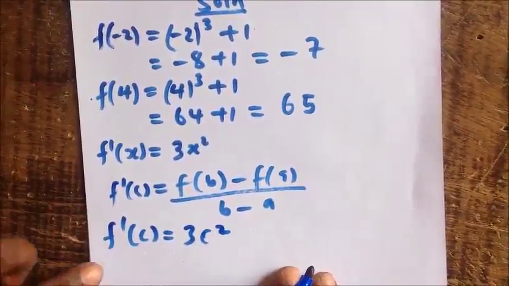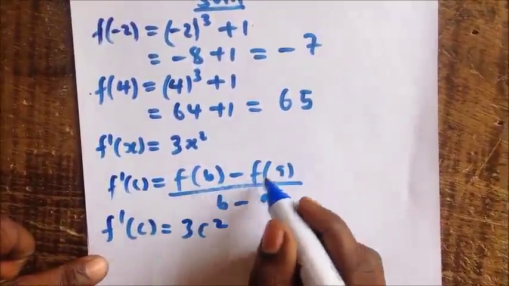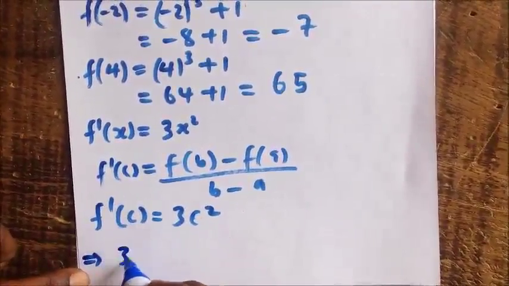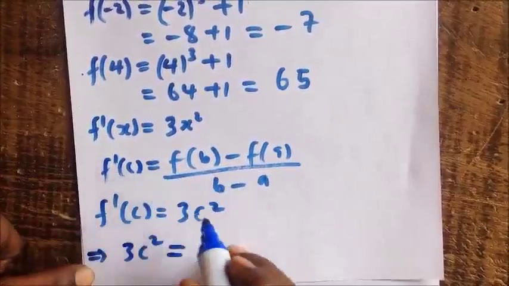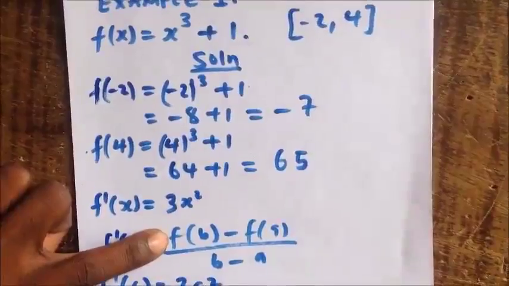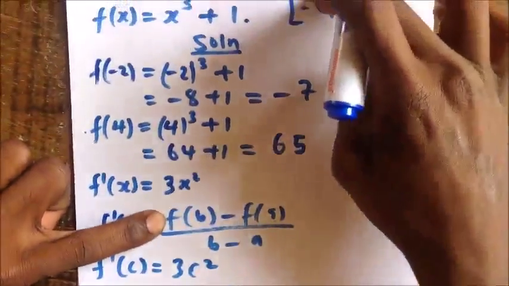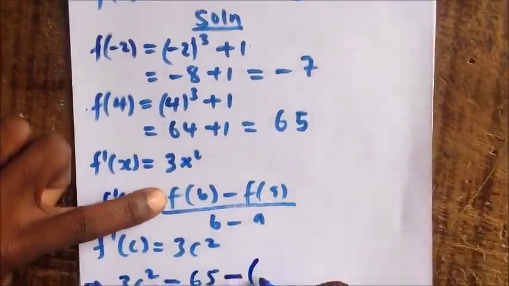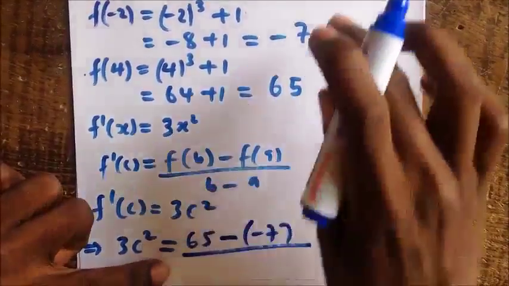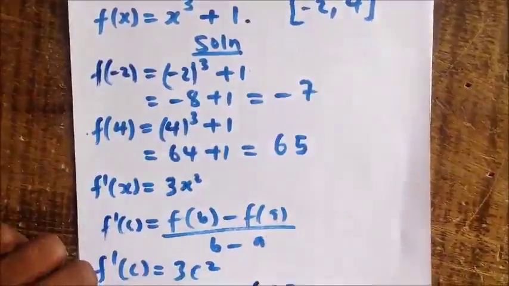So we know our f prime of c, and the conclusion of the theorem says that f prime of c is equal to f of b minus f of a divided by b minus a. This implies 3c squared is equal to f of 4, which is 65, minus f of minus 2, which is minus 7, divided by b minus a, that is 4 minus negative 2.